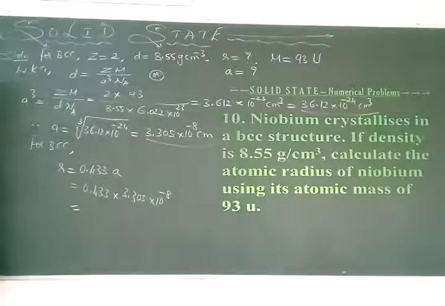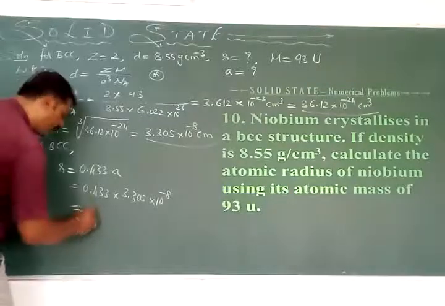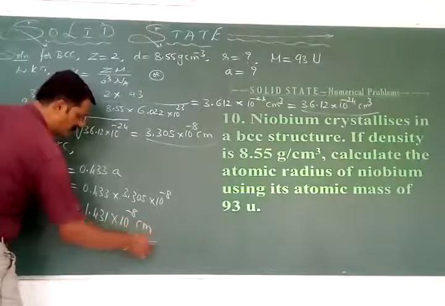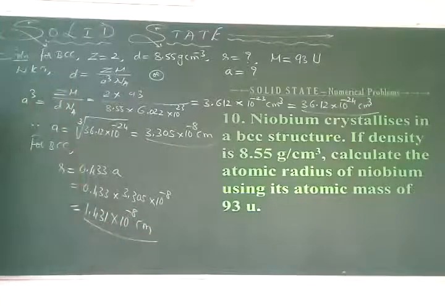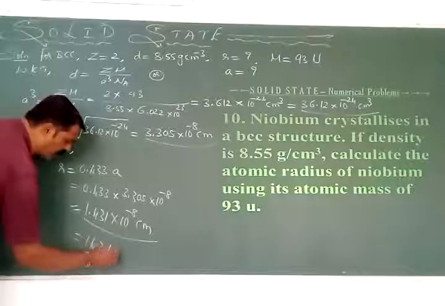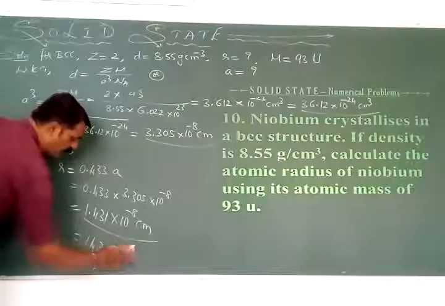That is equal to 1.431 into 10 to the power of minus 8 in terms of centimeters. Or I can directly mention that in the form of 143.1 in terms of picometer.